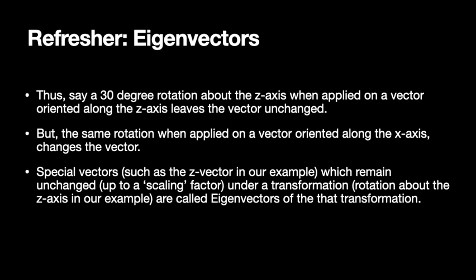For instance, if I have an original vector pointing along the z-axis, as we've just seen in the animation, and I apply a rotation about the z-axis, the vector will not change. Such special vectors are called eigenvectors of the corresponding transformation. So let's look at this more quantitatively in the next slide.